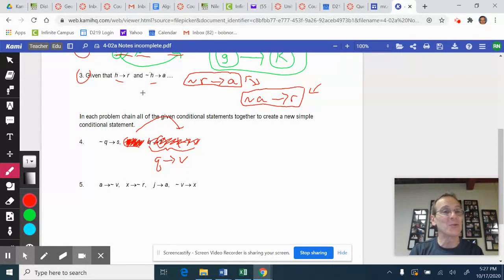Okay? You can write the contrapositive of the first one or the second one, and we'll find that we're able to combine the two final statements together. It's just that if we write the contrapositive of the first one, we'll get one answer. If we write the contrapositive of the second one instead, we'll get a different answer. But those two different answers will just be contrapositives of each other.